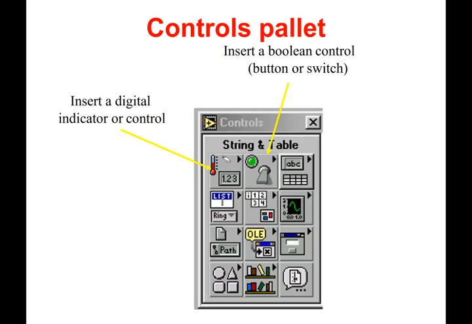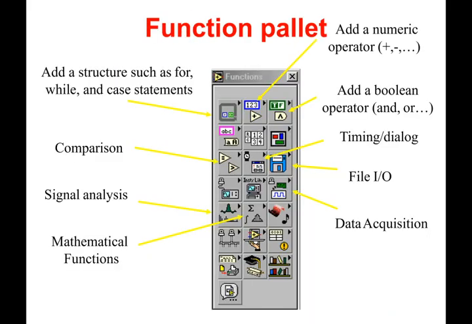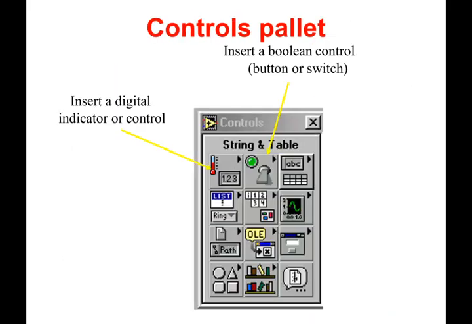The other window that you see is the window of controls. You can insert a Boolean control or on and off switch by choosing this. You can insert a digital indicator control by choosing this. It may be a little confusing to you at this point, but that's all right. We're going to see all of these in the lab.